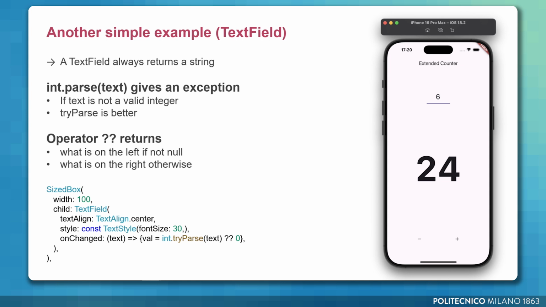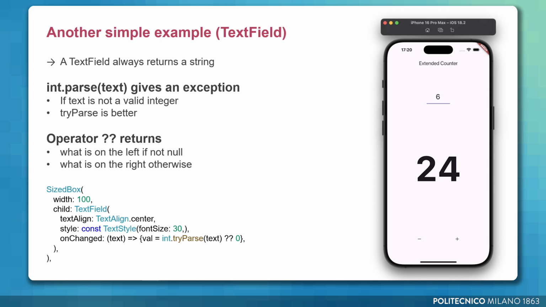To limit its width, we wrap it in a SizedBox, which in this example sets a fixed width of 100 points. We center the user's input by setting textAlign to TextAlign.center and control the font size with a text style.